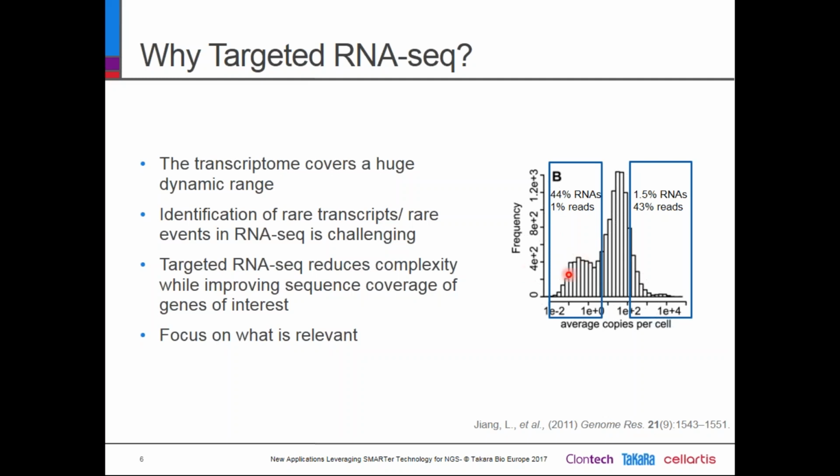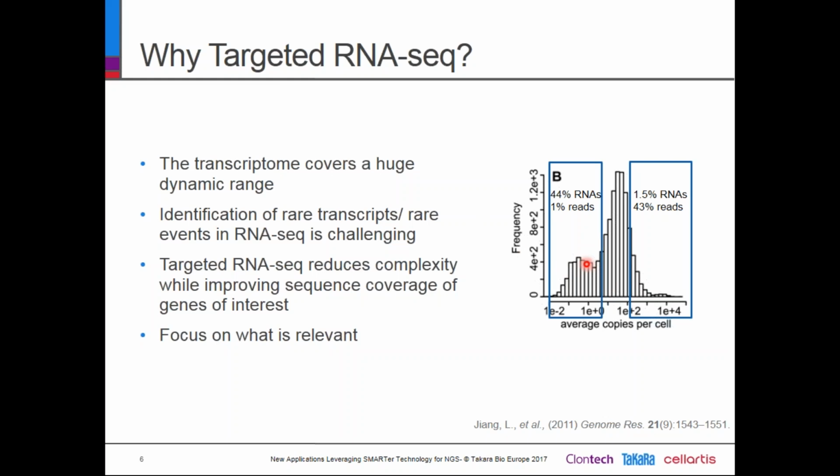So if you're interested in some of these RNAs which have a lower level of expression, or some specific isoforms or rare events like gene fusions, it may be difficult to identify them, or you will need very deep sequencing to get them.